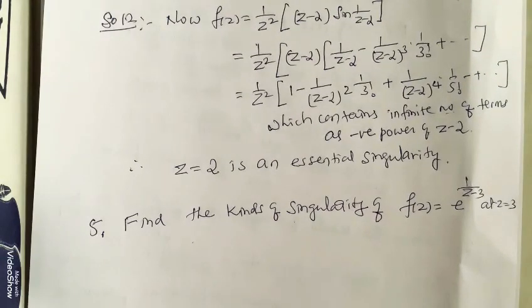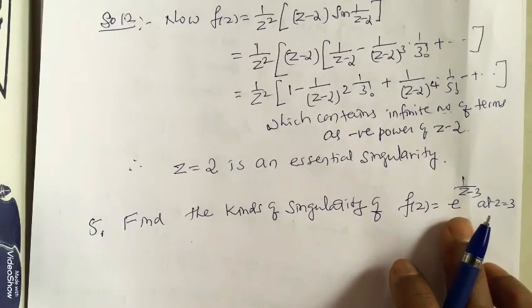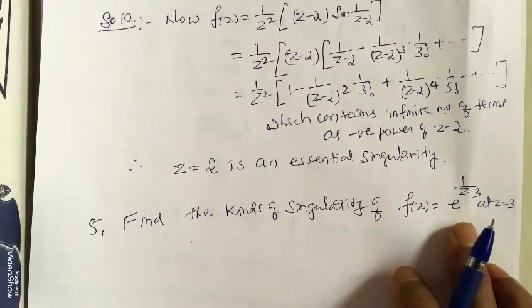Okay, at z is equal to 3. So if you want to apply the limit here, you are getting plus infinity and minus infinity. So you can say the limit doesn't exist. Limit doesn't exist means it is again an essential singularity.